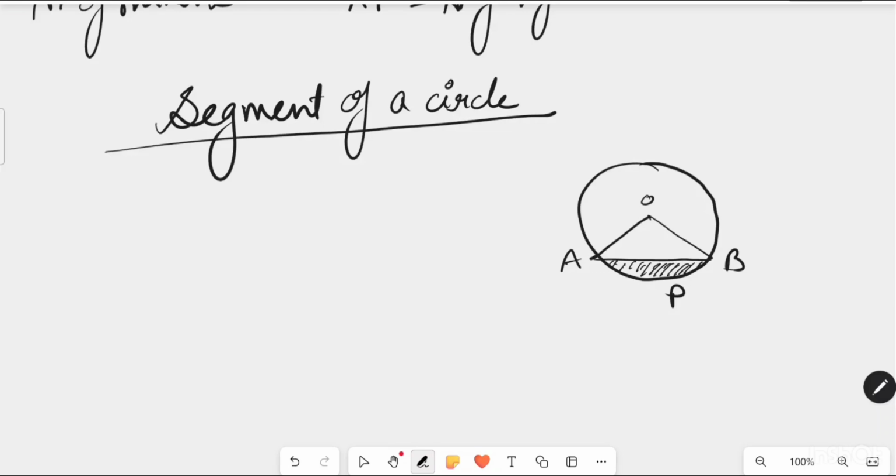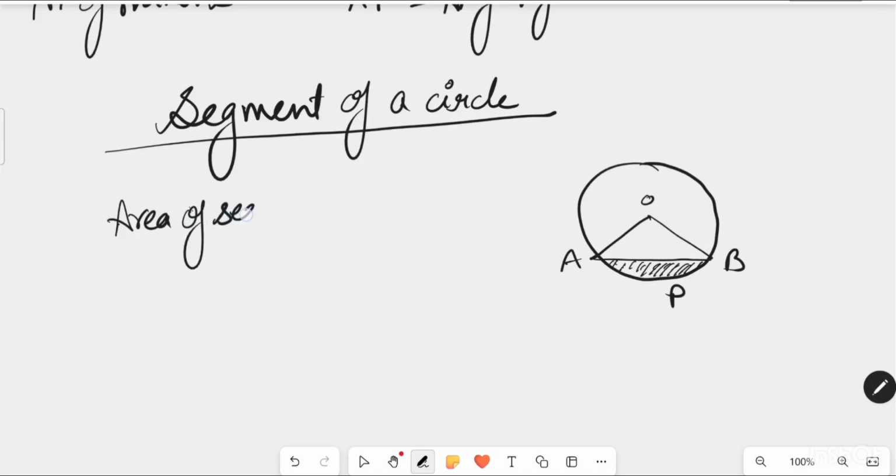In this figure, the shaded region is segment of a circle containing the minor arc APB. The segment containing the minor arc is called minor segment, and the segment containing the major arc is called major segment.